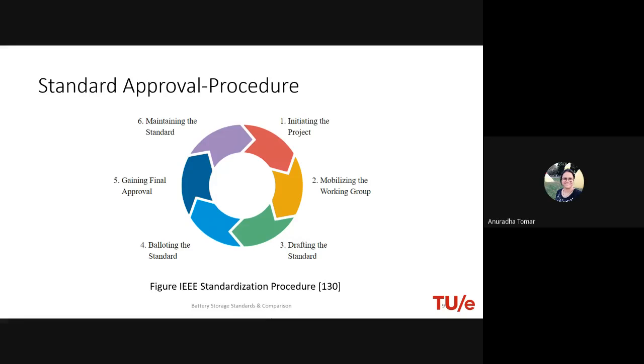But moving from step 2 to step 3 is quite long, and I must say time consuming, because the working group has to first analyze, if you want to, for example, make a battery energy storage standard for standalone photovoltaic application, what the existing practices are, not in Australia only but across the globe.